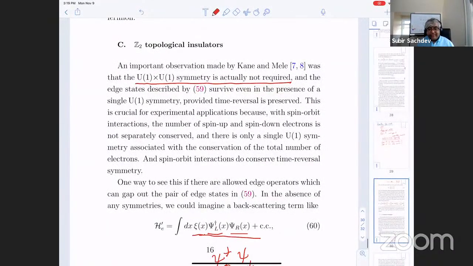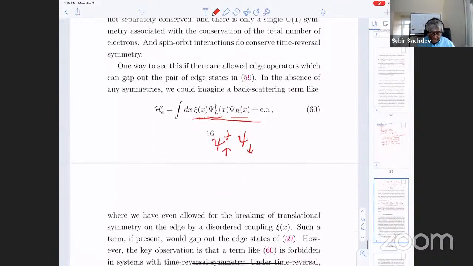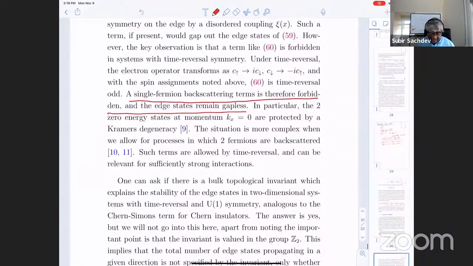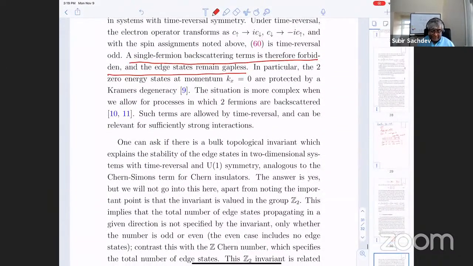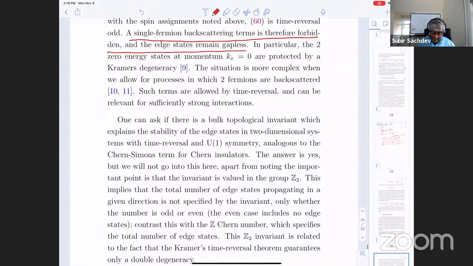And what they pointed out was there is an invariant. It's rather complicated to write down in general. It's analogous to the Chern number, but it involves computing a quantity which has only two possible values, 1 and minus 1. So that's hence the group Z2. So that's why these are called Z2 topological insulators. And this Z2 invariant exists both in 2 and 3 spatial dimensions.